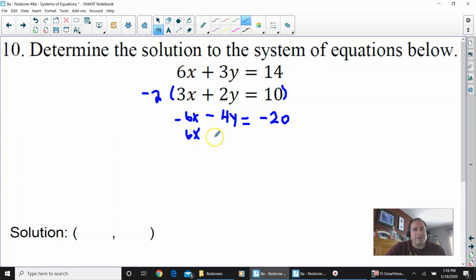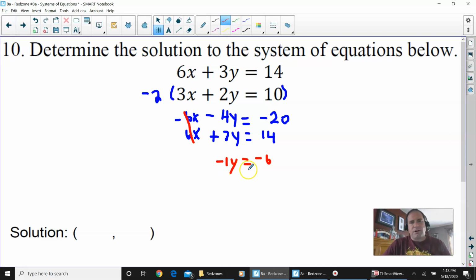So I'd get that negative 6x, and now I'm just copying down that first equation again. Just like that. All right. Looking at it like this, now I could see that, hey, this cancels. Negative 4y plus 3y is negative 1y, and I'm putting the negative 1 in front like I don't normally do that because I know there's another step coming up, and I want to make sure that I have to do that step.